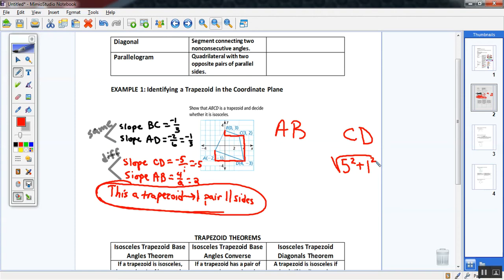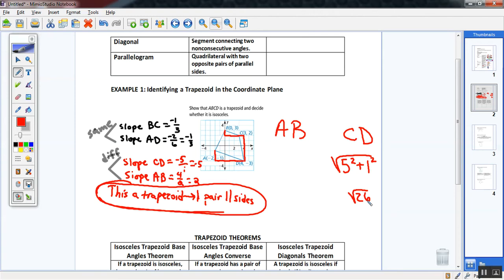What is 5 squared? 25. What's 1 squared? 1. So the distance of CD is going to be the square root of what? 26, right?